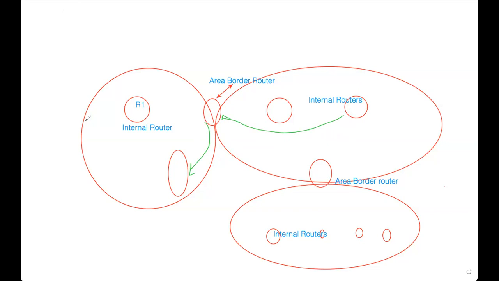And there is a concept of backbone area. So what is the concept of backbone area? It means an area which connects all the other areas is called a backbone area. In this case, which is the backbone area?